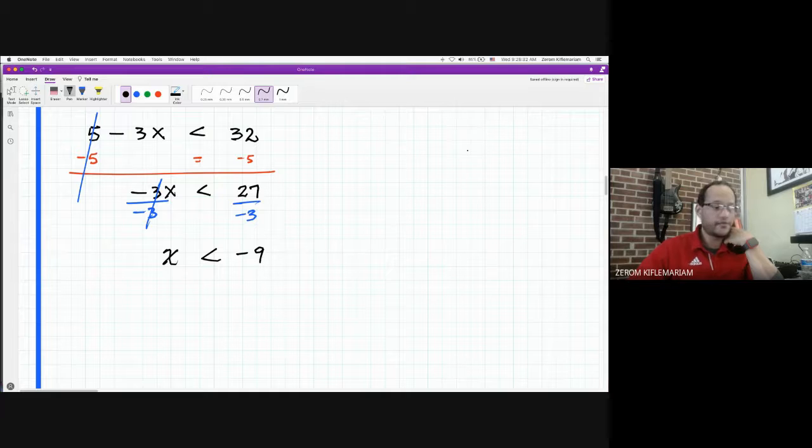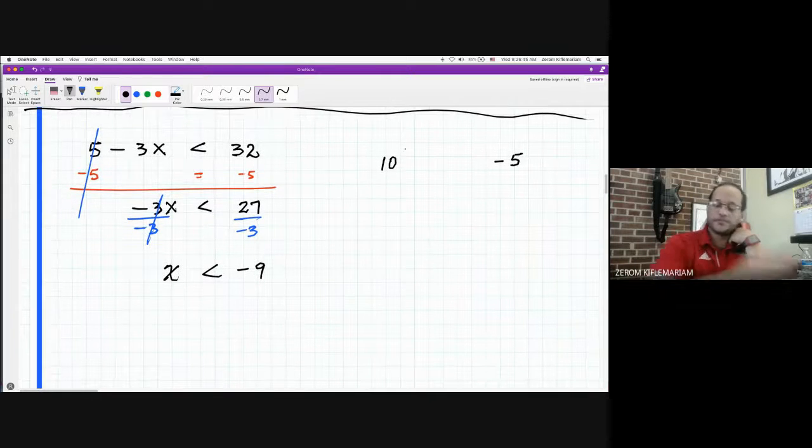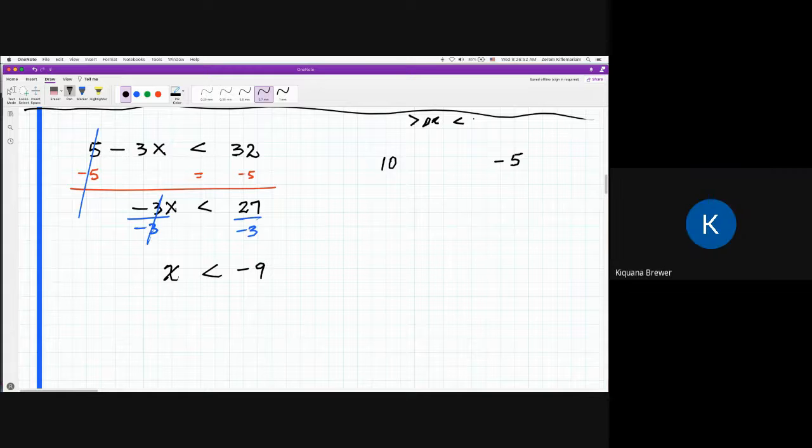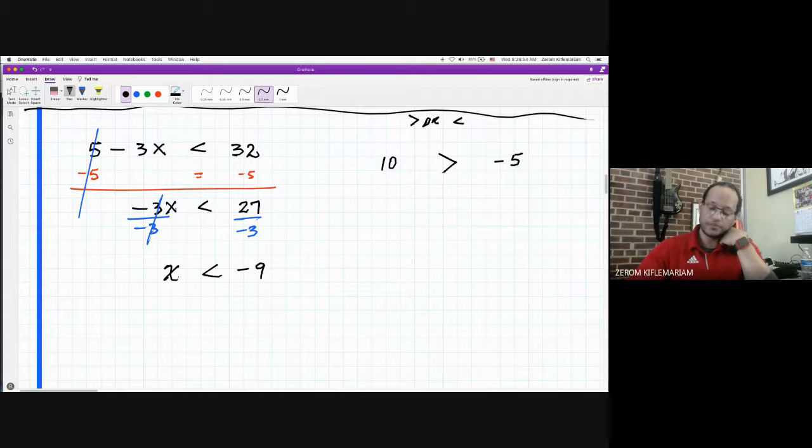All right, everybody, please pay attention here. I have 10 and negative 5. What symbol should go right in between? Greater than. So please follow. If I multiply this by 2, I get 20 and negative 10. What sign goes in between?